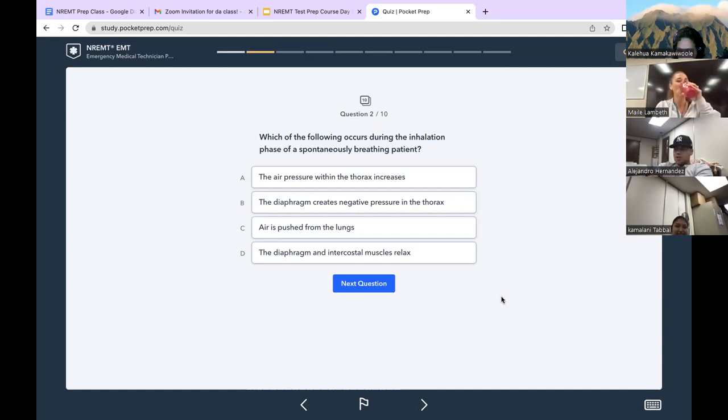Does E happen right before? I will tell you that you do actually create this negative pressure, because when you inhale, we create negative pressure so that the positive pressure on the outside comes in, and when we exhale we relax.